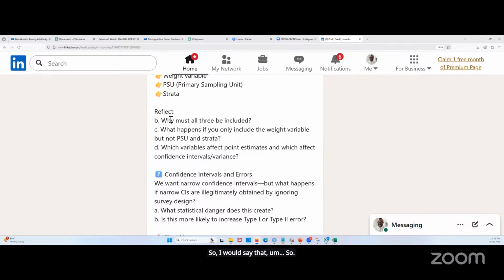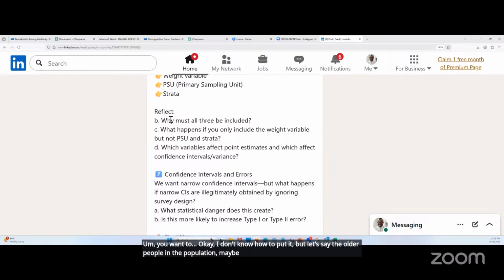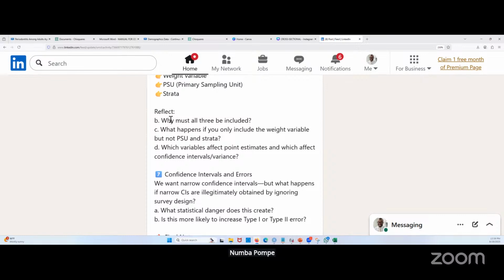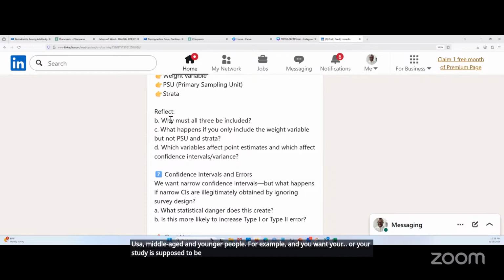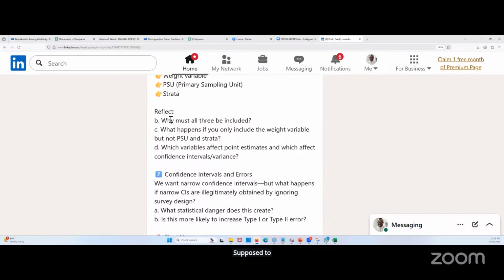So I would say that weights, okay, say for example, let's say you're doing it across demographics, and maybe the older people in the population are of a smaller number compared to, let's say, middle-aged and younger people, and your study is supposed to account for that imbalance in the demographic.